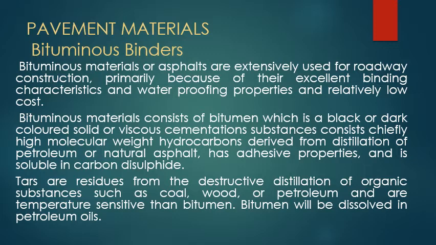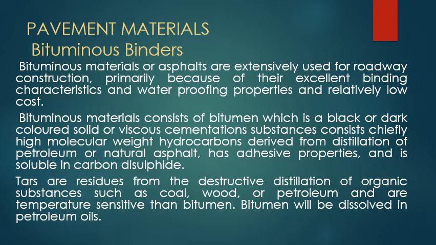They are obtained from natural sources or prepared artificially, based on the origin, the type of mineral composition, and the method of processing in refineries. Bituminous materials are classified, which we will see further.